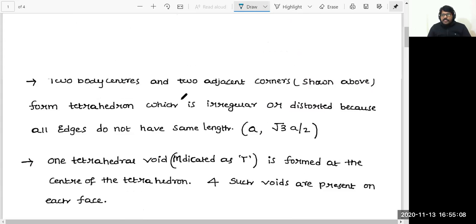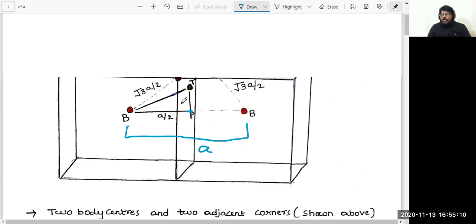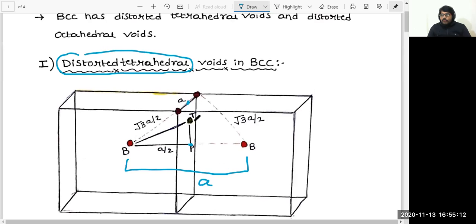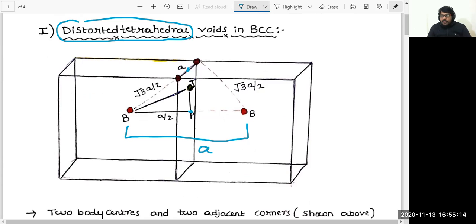Before going to the radius of the tetrahedral void, how many such tetrahedral voids are present? Let us take this kind of tetrahedral void. Very clear, from this edge center to this point, the distance is a by 2.